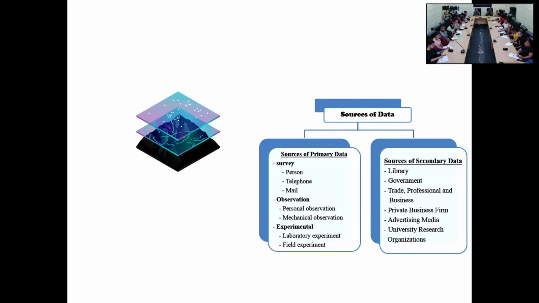And when it comes to mechanical observation, we place some devices there, like nowadays for rainfall we give the device barometer, and there are so many devices like that. Then experimental, that is called laboratory based.